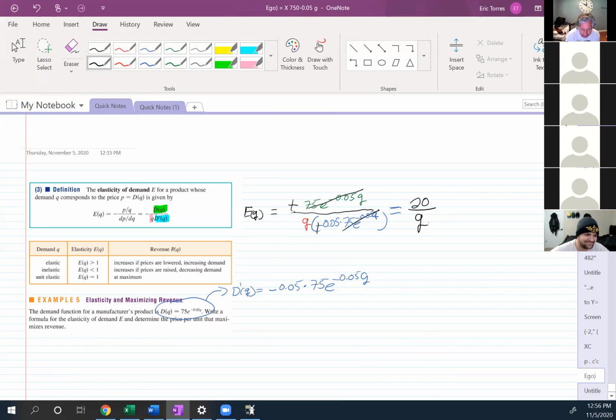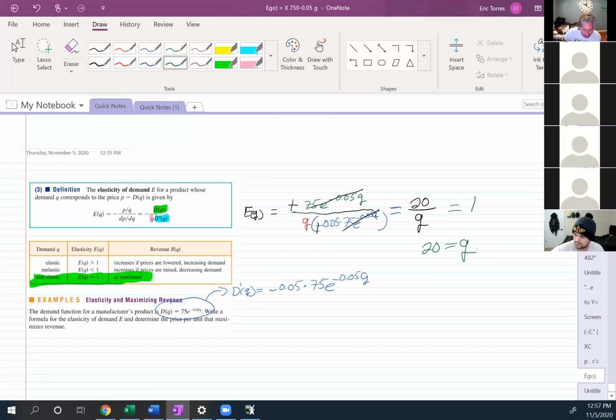Now, we want to maximize the revenue, and we know that happens here. So basically, all I need to do is set this equal to 1, solve for Q, and we get that revenue is going to be maximized when Q is 20.